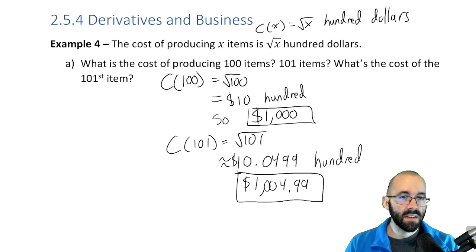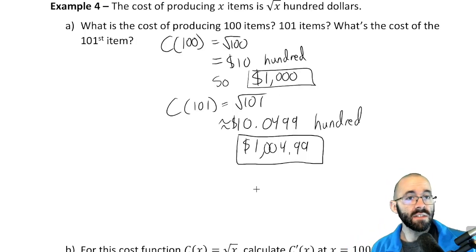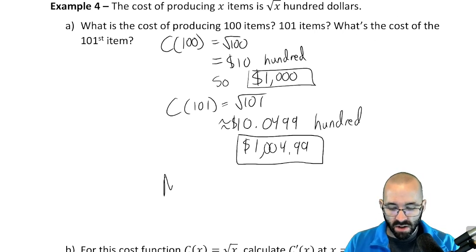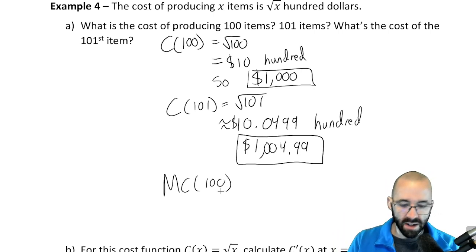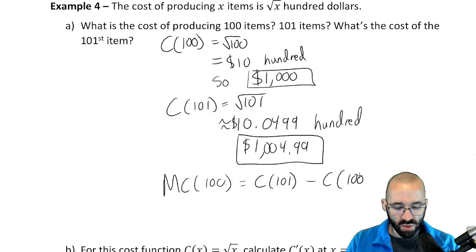A little messy. So remembering what marginal cost is, what is the cost of the 101st item? That's the marginal cost at 100 items, the cost of the next item, the 101st item. And it's just, what's the total cost of 101 items minus the total cost of 100 items? This is how we could write it in math.